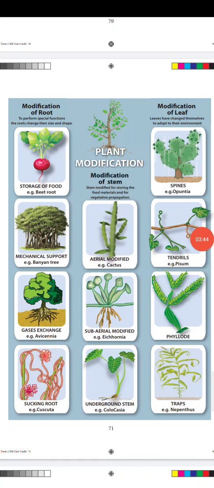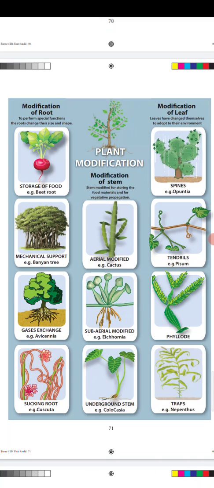So next, modification of stem. Stems are classified into three types of plant modification: aerial modification, subaerial modification, and underground modification.